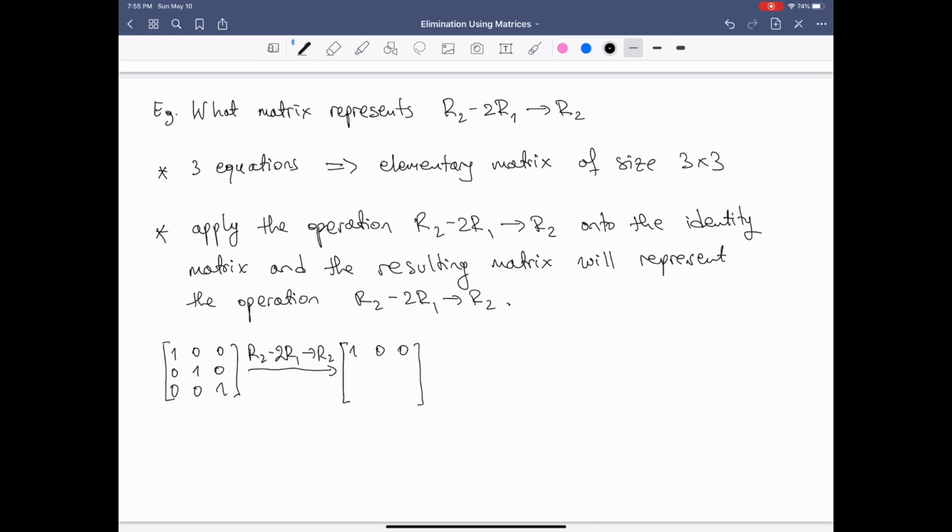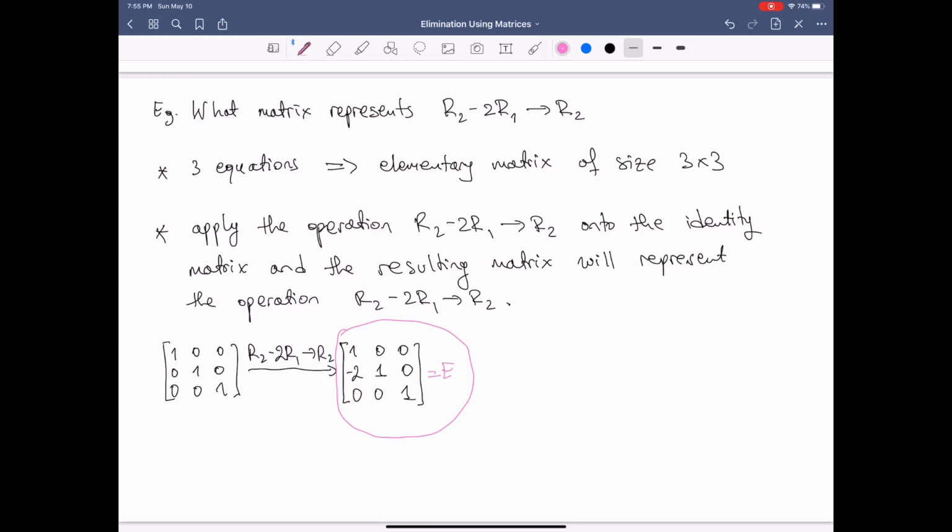The second row says R2 minus 2R1, so we have a 0 minus 2 times 1, that's a negative 2. Then we have 1 minus 2 times 0, so that's just 1. 0 minus 2 times 0, that's 0. Nothing has changed in the third row, so we just copy it down. So the matrix we were looking for is this one. Let's name it E.